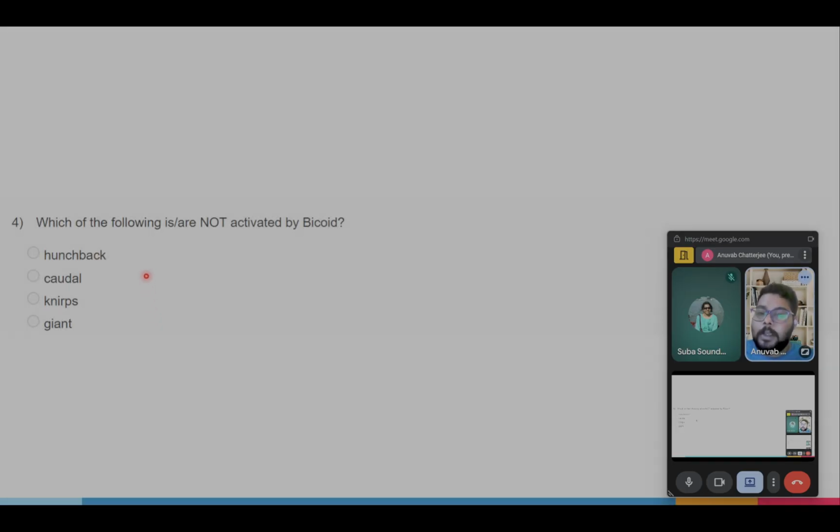Moving on. Which of the following is or are not activated by bicoid? The options are hunchback, caudal, nanos, or giant. So A, B, C, D, whichever you think is the correct option.